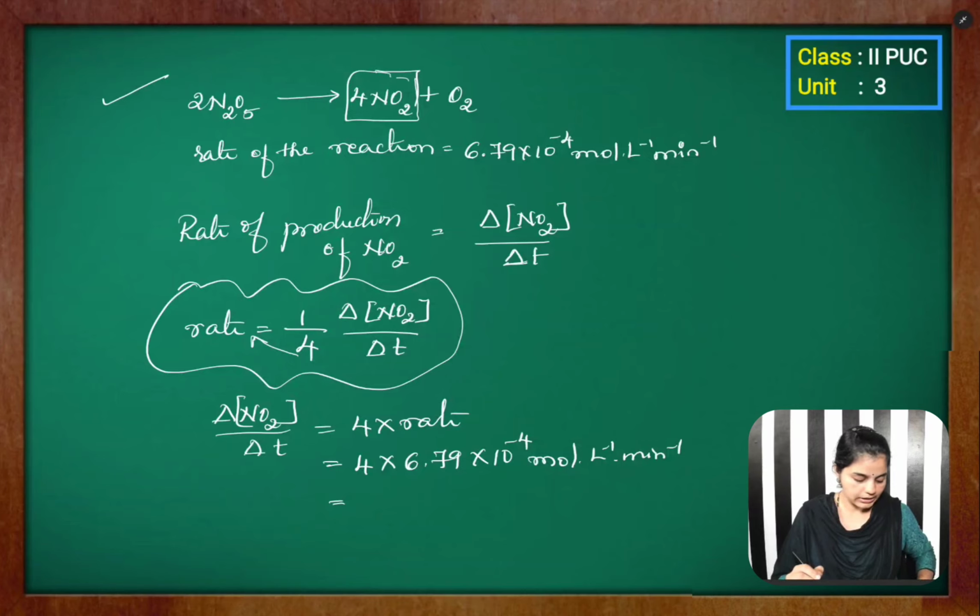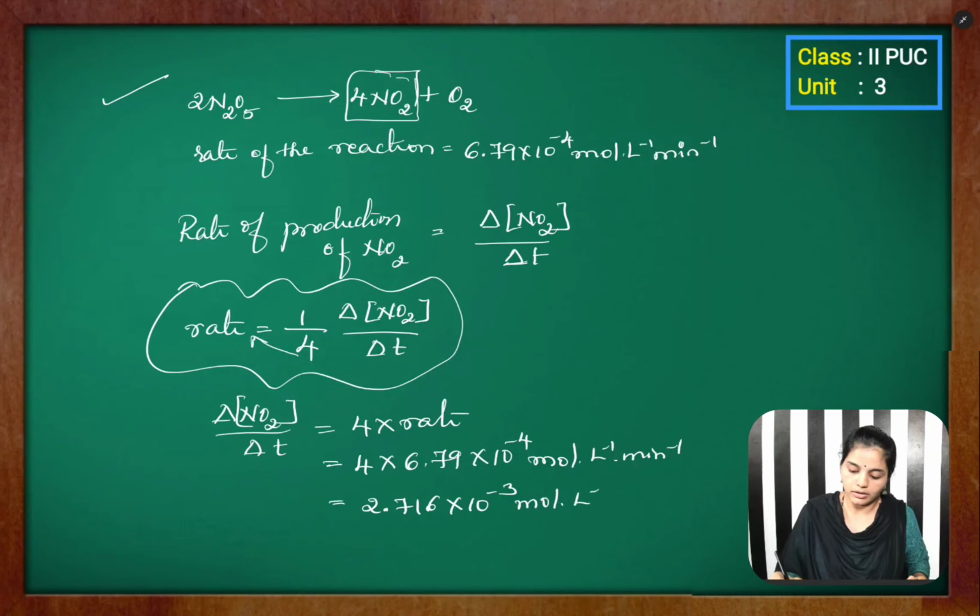So 4 into 6.79, we get 27.16. So I can write this as 2.716 into 10 to the power minus 3 mole per liter per minute. So this is the rate of production of nitrogen dioxide.